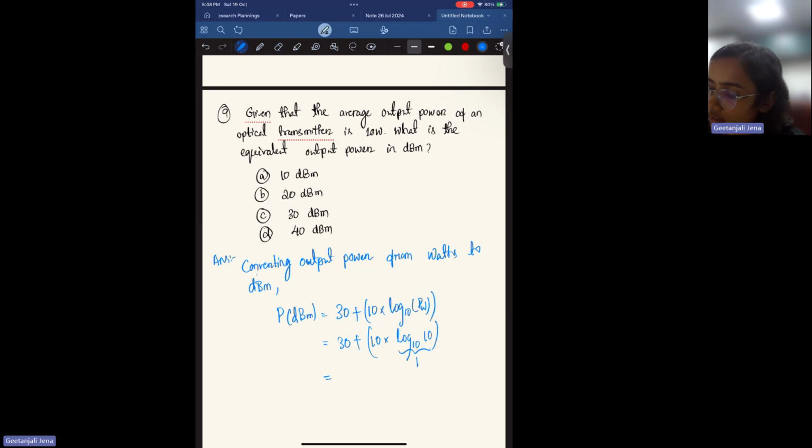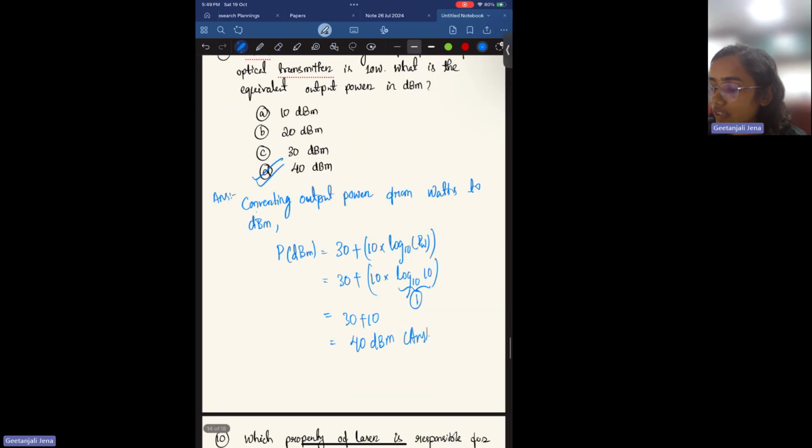So this will be 10 times log 10 base 10, which is 10. So this will be 30 plus 10, that is 40 dBm. So the answer will be option D. So let us move to the next problem.